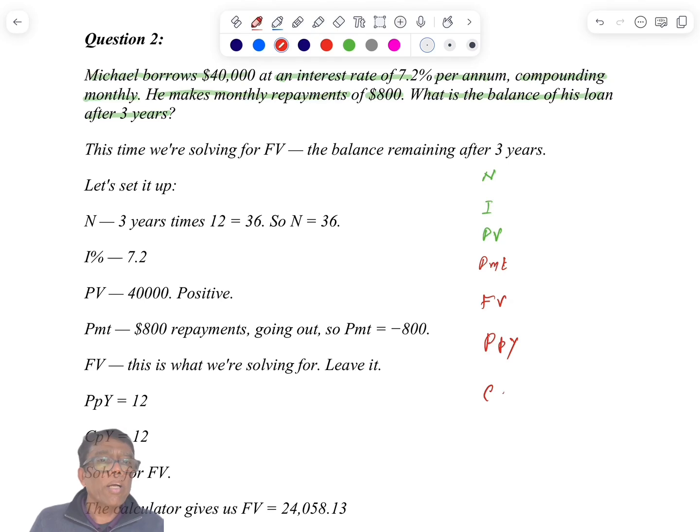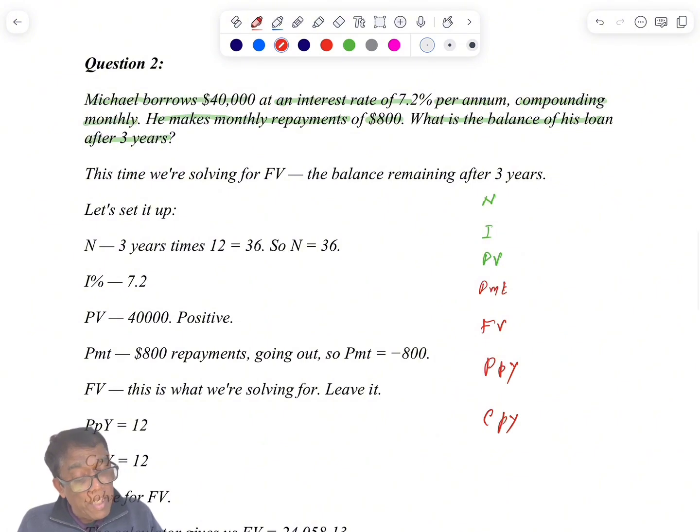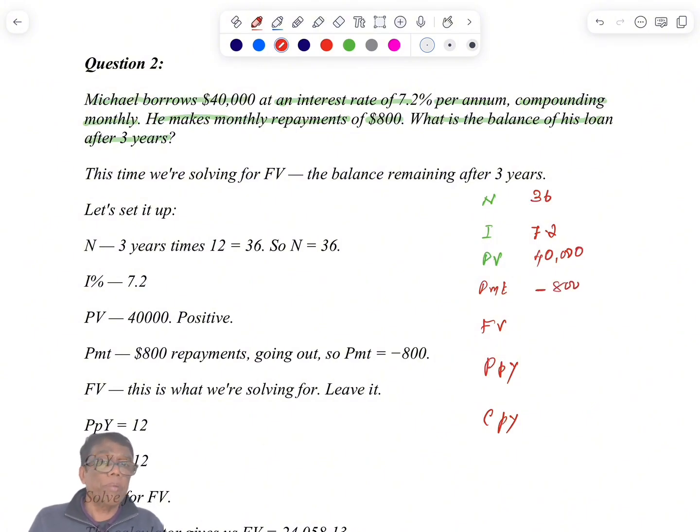Okay, now, what is N? Because it's 3 years, 3 years means 3 times 12. It is 36. What is the I value? I is 7.2. PV is 40,000 because it's positive, you are getting money. PMT is negative 800, because you have to pay it.